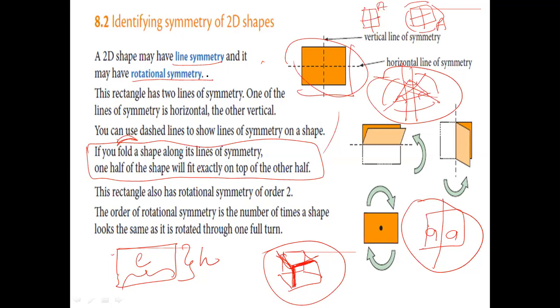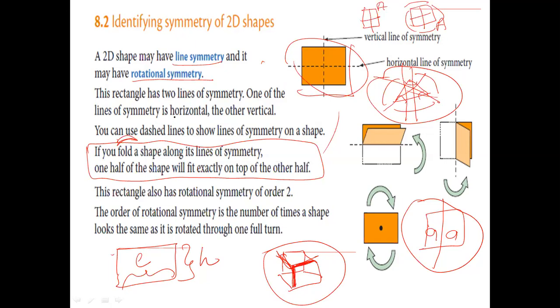That's why rotational symmetry means when you rotate 90 degrees, 180 degrees, 270 degrees, and the last one is 360 degrees. When you rotate this shape 4 times, if your shape is not changing, you have 4 rotational symmetries of this square. This rectangle also has 2 lines of symmetry. The rectangle is symmetry.